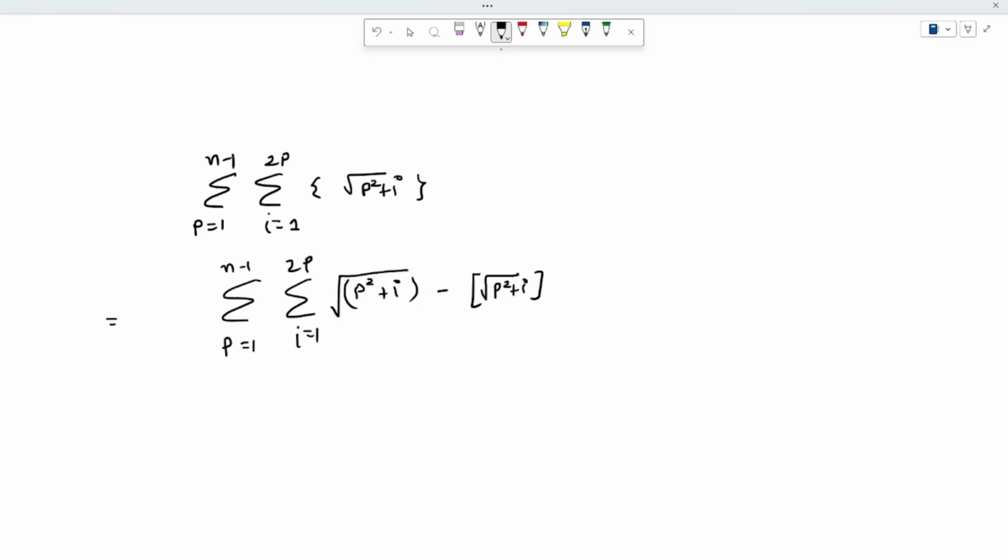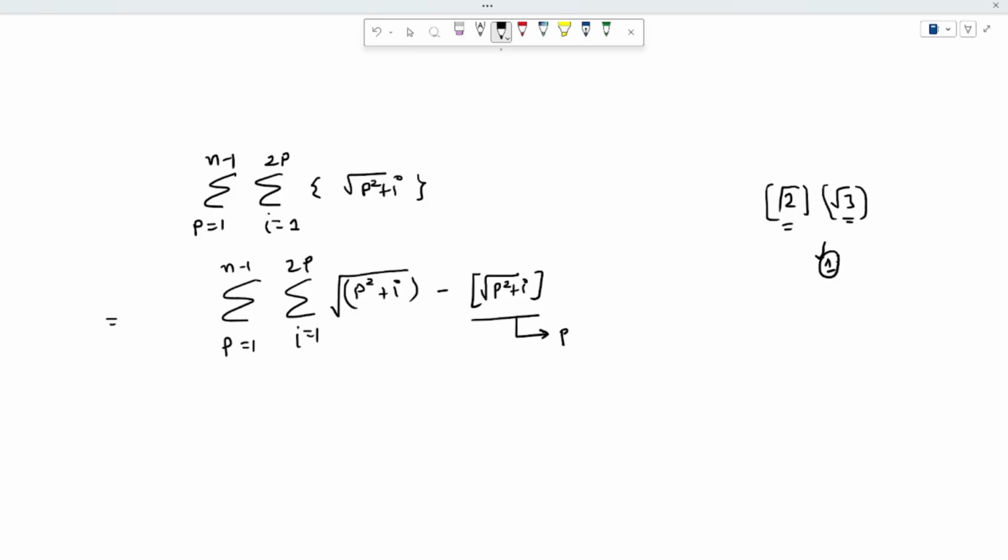So earlier we saw that the greatest integer of the square root of p square plus i is always equal to p, because for i from 1 to 2p, this is, as we discussed earlier, like root 2, root 3. So their greatest integer part is 1.